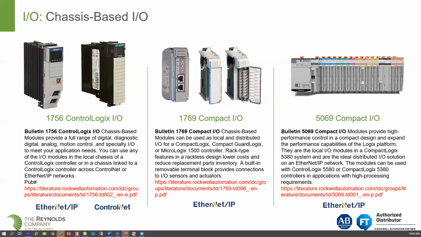This comes together similar to any older generation CompactLogix. You'll need a comms adapter. You will need a CompactLogix power supply. Then your IO modules will go to the left or right of said power supply.